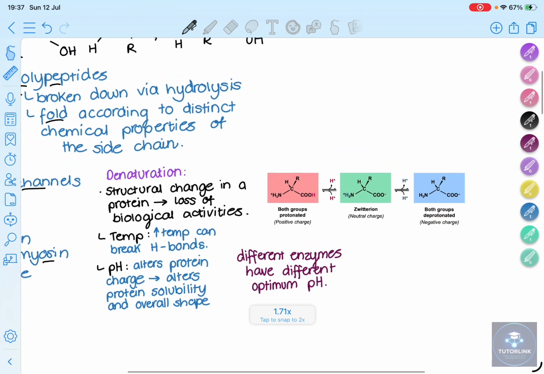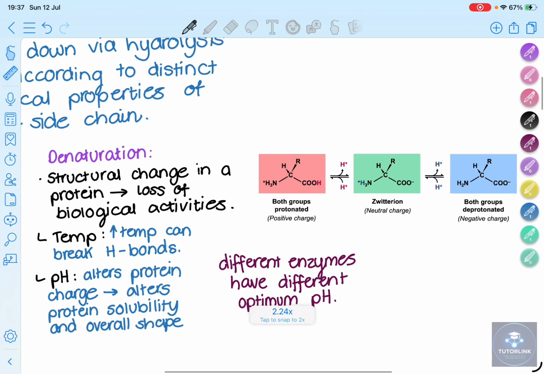Alright, now lastly, let's talk about denaturation. So denaturation is what occurs when there is a structural change in a protein, and that causes the protein to lose its biological activities, because its biological activity is dependent on how the protein has folded.